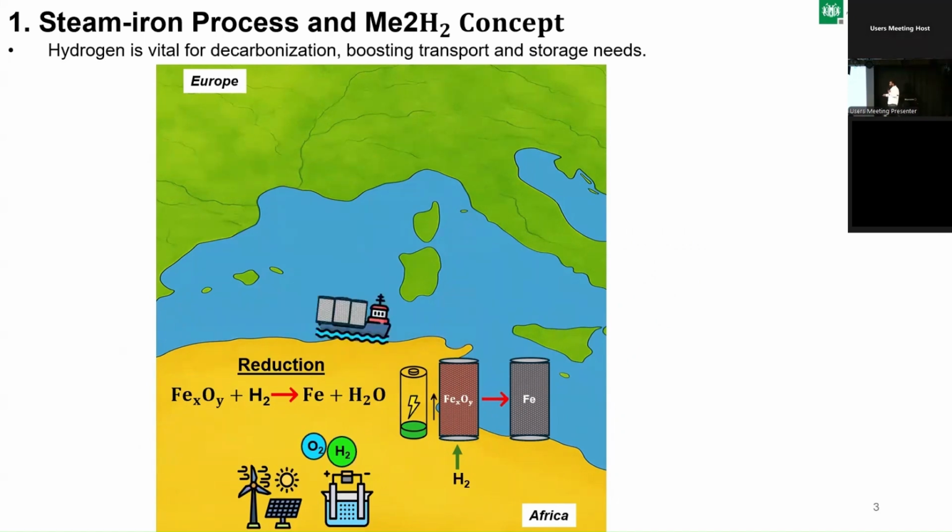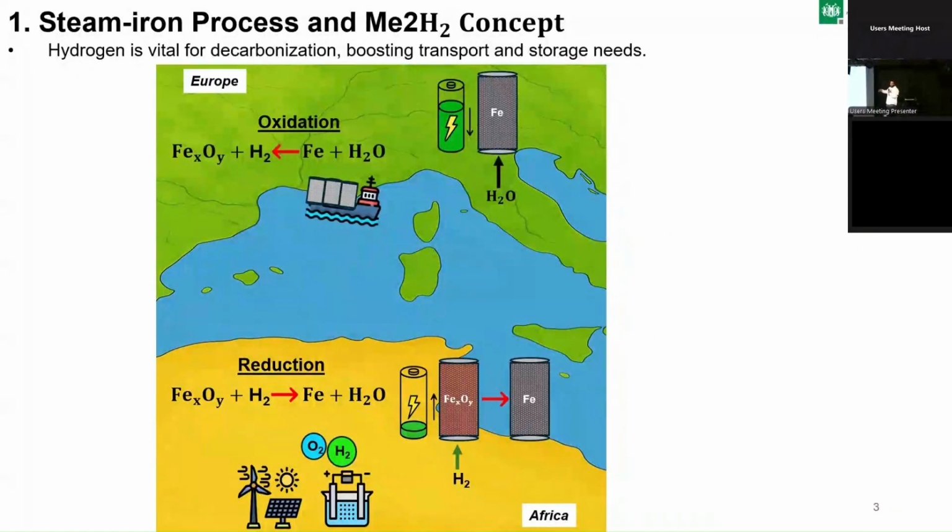So the idea is to have big ships or big platforms having on top these large reactors, and these reactors will be filled one time with the iron oxides, and on the ship the reduction process will be done. And once the reduction process is finished, the ships will be transferred to Europe, and in Europe we will do the reverse reaction.